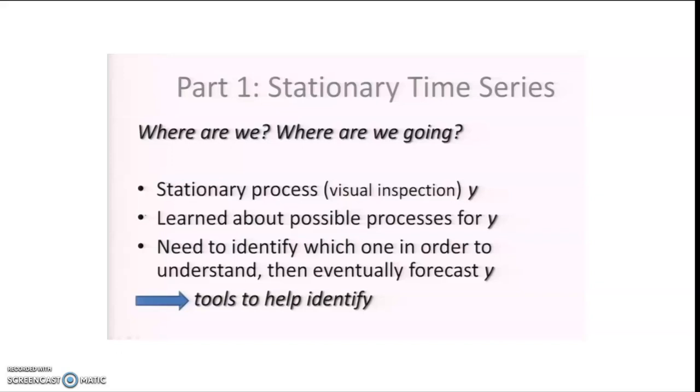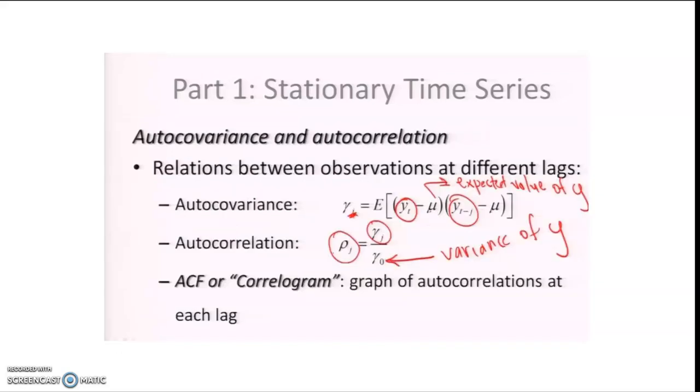We also need to identify which one it is in order to understand. Then eventually we will use that model for forecasting, which means that we may estimate alternative models, and we will select the best one that will be used for forecasting, and there are some tools to identify the best model.